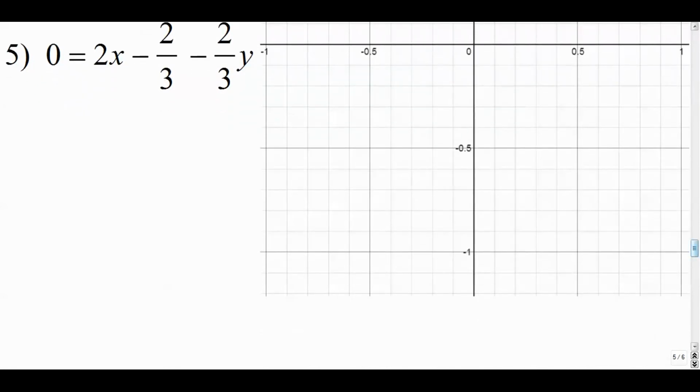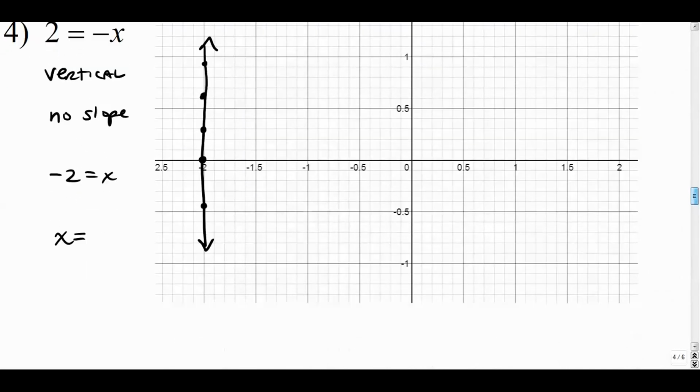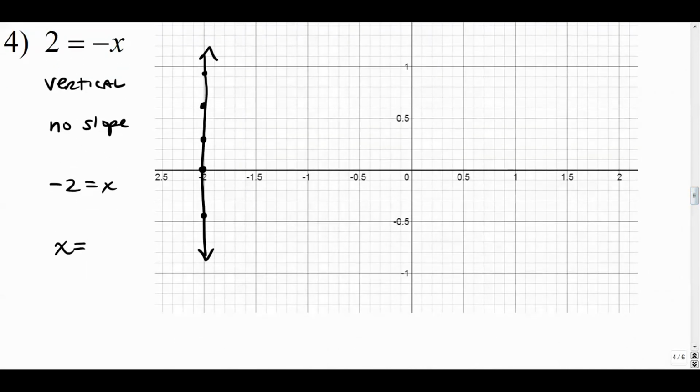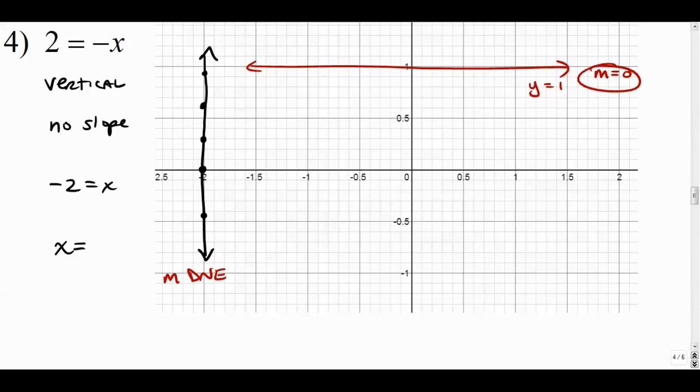And it's probably worth mentioning too that if it were just y by itself, y equals 1 is a horizontal line right here. That's y equals 1. All the y values are 1, regardless of what the x's are. And that slope is 0. So this slope does not exist. It has no slope, whereas this slope does exist and it is 0.